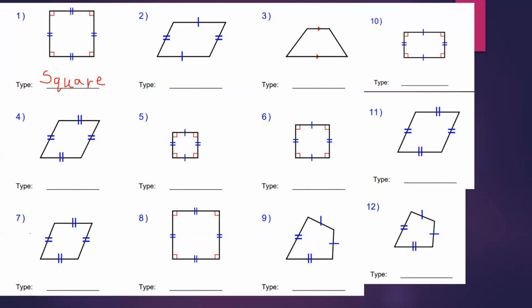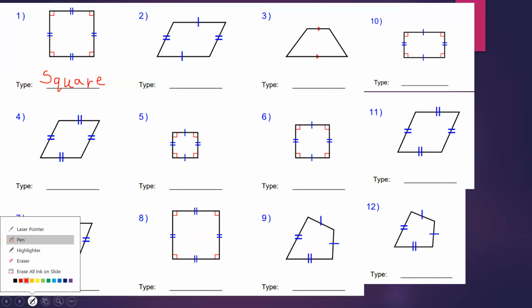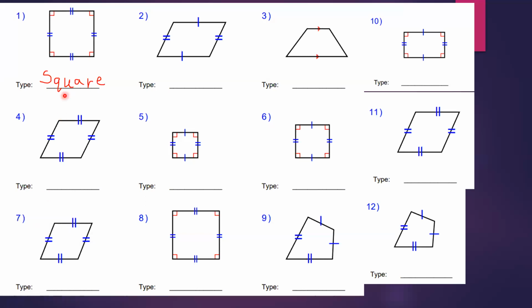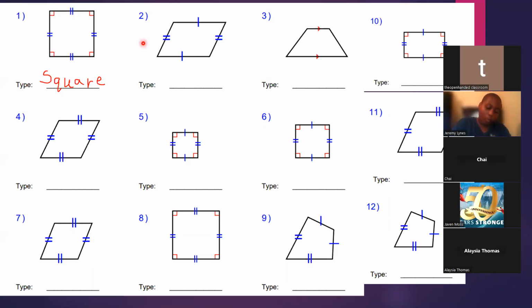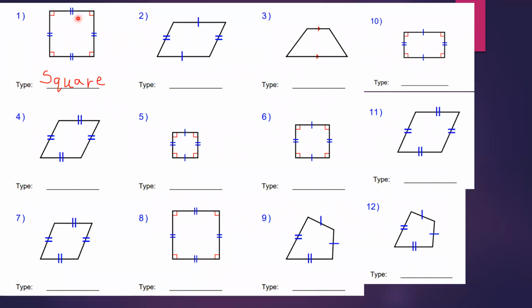Why is this a square? How do we know this is a square? All sides are equal. And why do we know that all sides are equal? We know all sides are equal because of the double dashes.